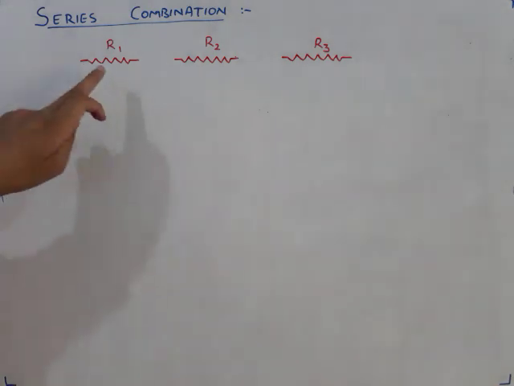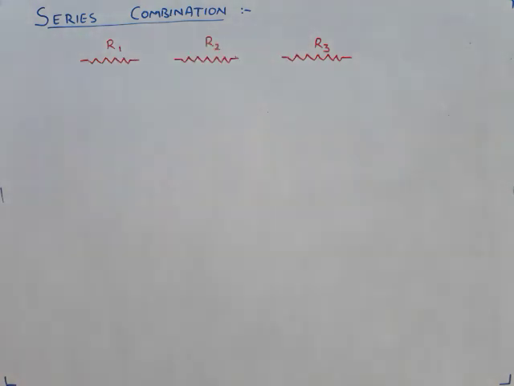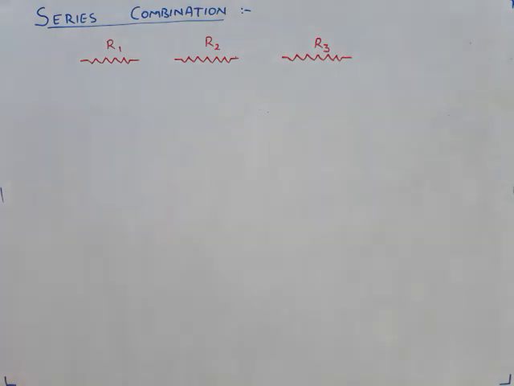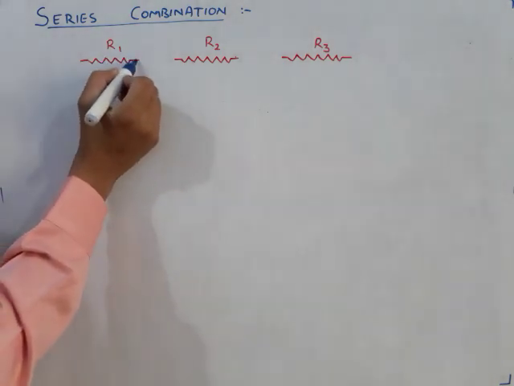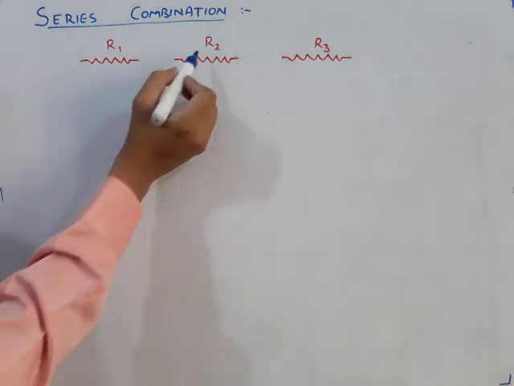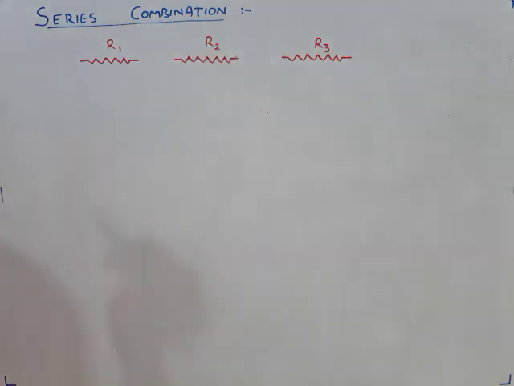Suppose we have three resistors whose resistances are R1, R2 and R3. So these three resistors are represented in the figure. If we wish to connect them in series, then one end of first resistor and one end of the second resistor, you have to connect them. Then the second resistor's other end, you have to connect to one of the ends of the third resistor.